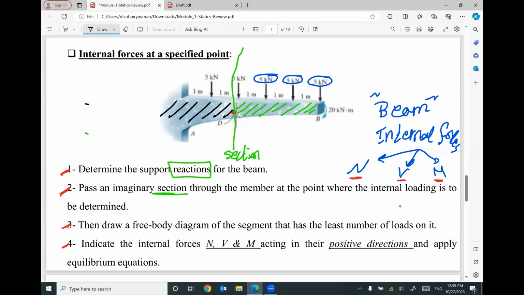Which part I'm going to use is up to you. I can use the right part or the left part. Then I will put my internal forces, axial force, shear force, bending moment, and then I will apply the equilibrium equations to find these internal forces.